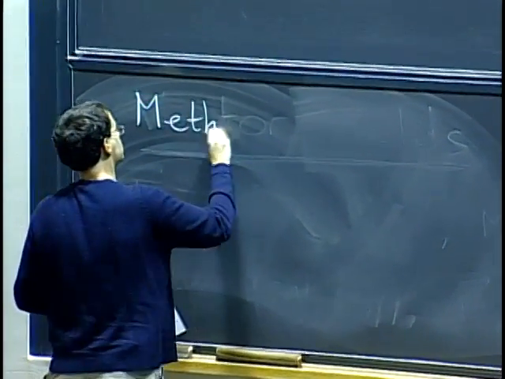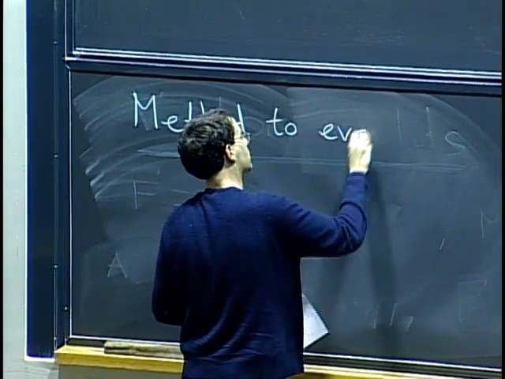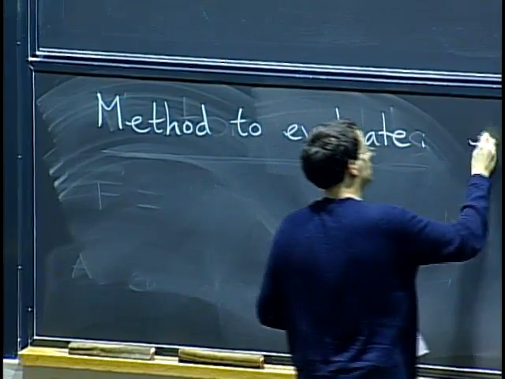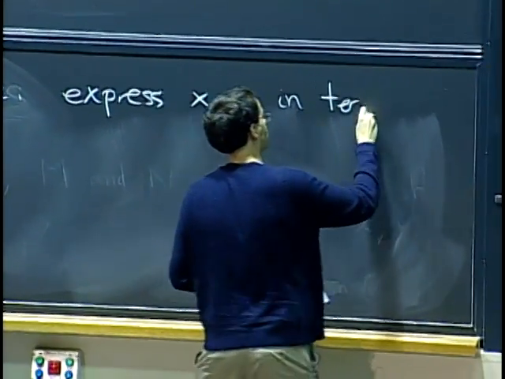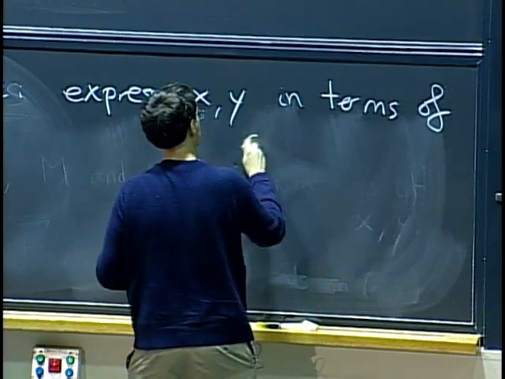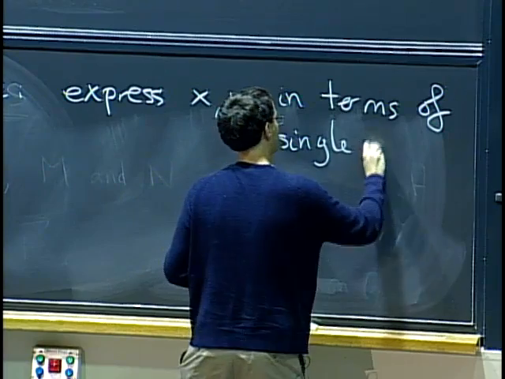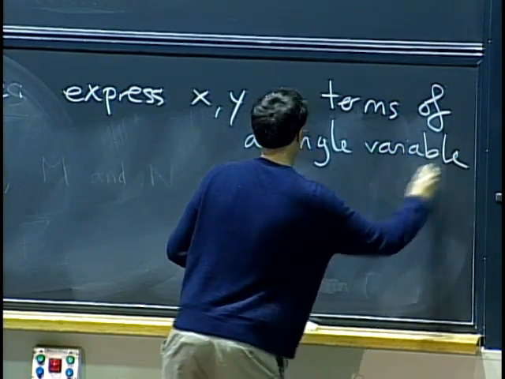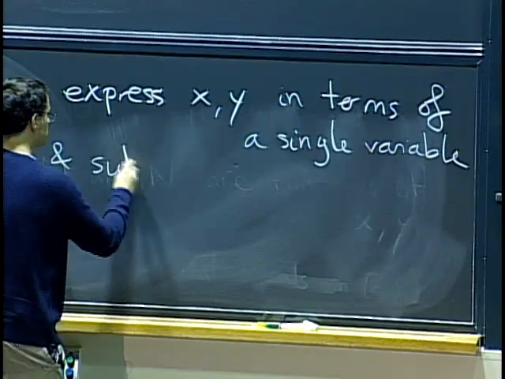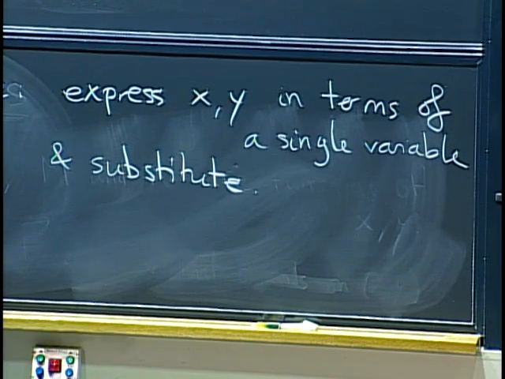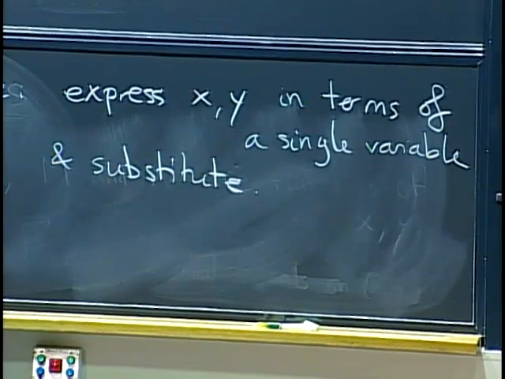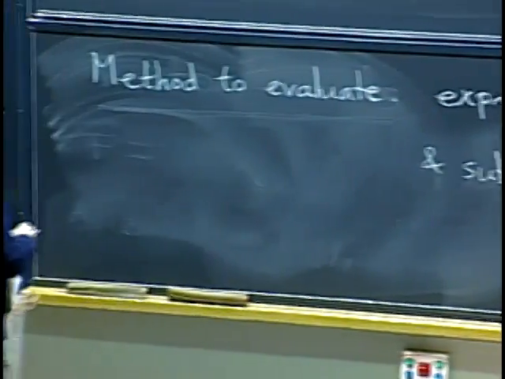The method to evaluate is to express x and y in terms of a single variable, and then substitute that variable. So let's, for example, redo the one we had up there, just using these new notations. You'll see it's the same calculation, but with different notations.